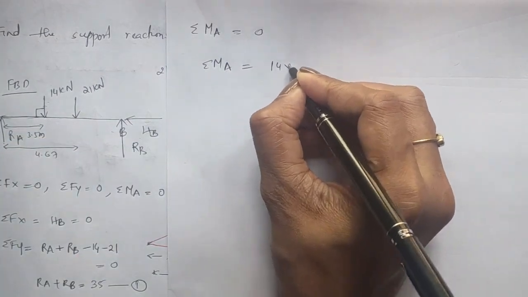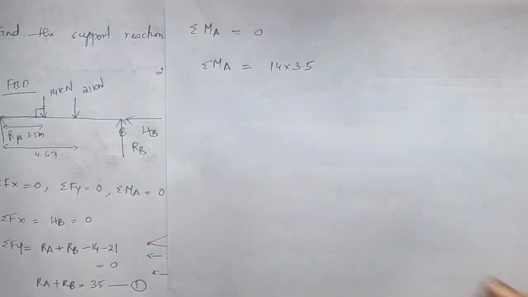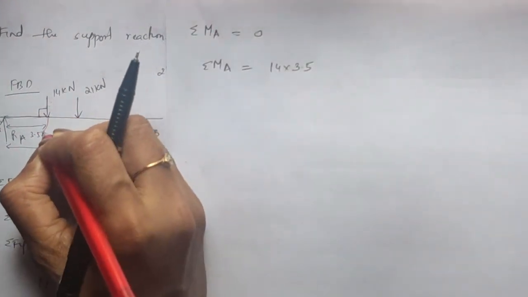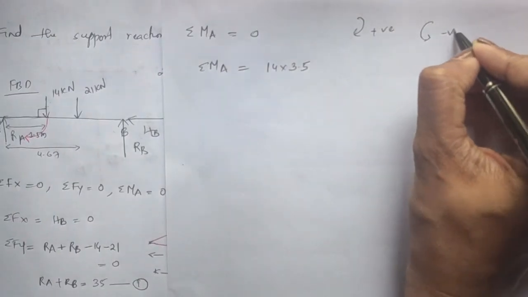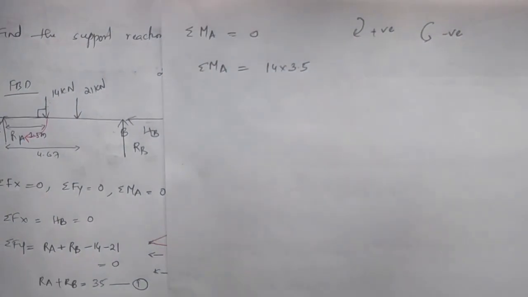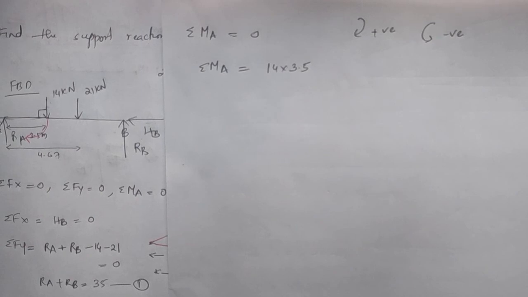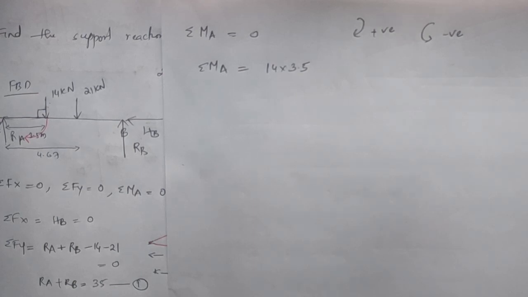So obviously you have to do 14 into 3.5, and you will consider the clockwise direction for moment. This you should remember, very important: all clockwise is positive and all anti-clockwise is negative. The convention for moment is taken as rotation clockwise or anti-clockwise, because moment as such means rotation. So 14 into 3.5.